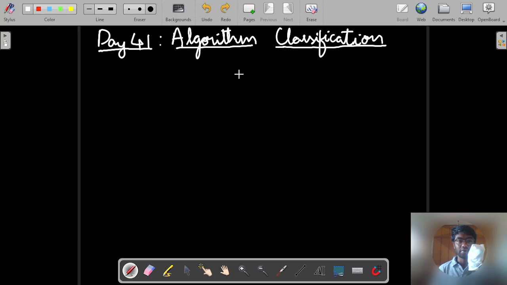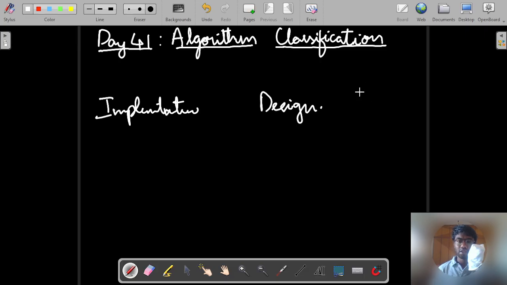So we can classify this based on implementation styles, and design, and behavior, and lastly type of problem.